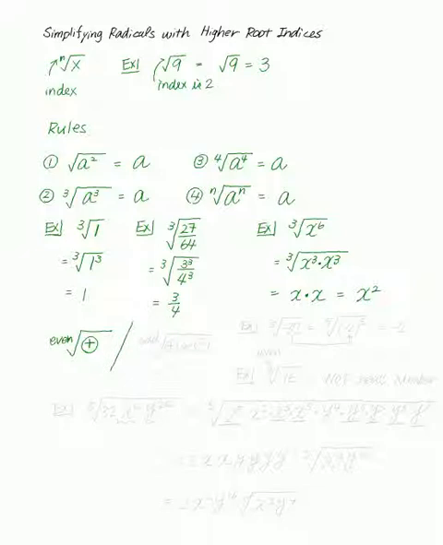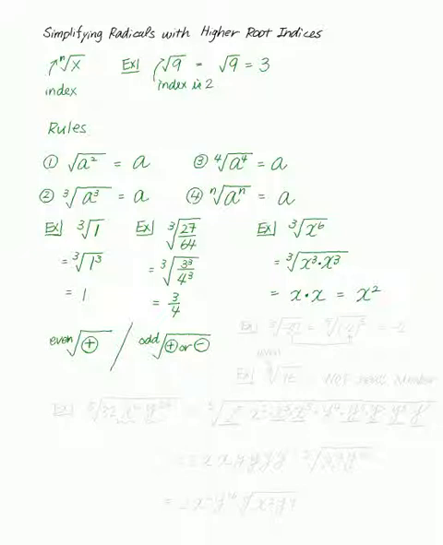If it's an odd index, then we can have a positive or a negative under the radical. The reason for that is when we raise a number to an even power, we always end up with a positive value. But when we raise a number up to an odd value, we can get a positive or a negative value. Both are acceptable. Let's see what we mean by this.